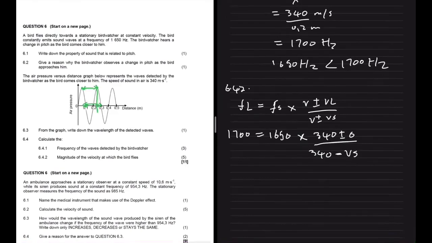So what I'm going to do here, I'm going to divide both sides by 1650. So let me just go ahead and do that.